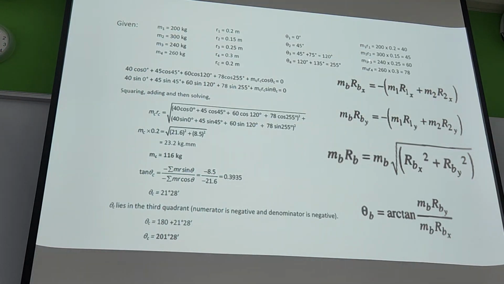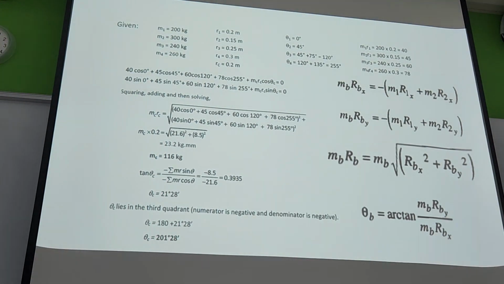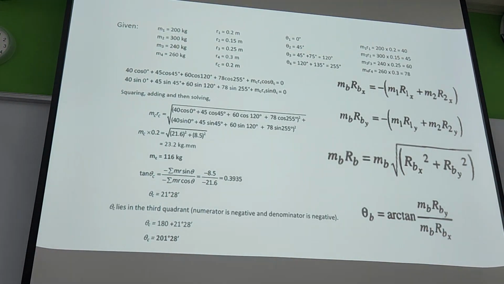Now M1R1, the magnitude you know, so you need to find its x component and y component. What is the orientation of this? 0 degrees, right? So this is M1R1 into cos 0, the x component. Its y component is 0 because sin 0 is 0, so it has only an x component. Then the M2R2 x component: the orientation is 45 degrees, so M2R2 into cos 45.